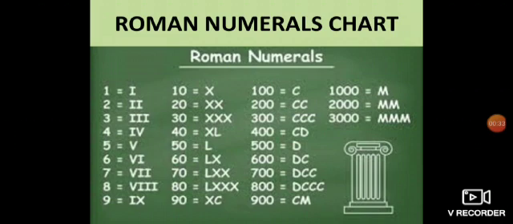You have already learned this in your previous class. The letters of the English alphabet I, V, X, L, etc. are used in different forms to represent the numerals in the Roman numeral system. You can pause your video, students, to recall the Roman numerals through this chart.